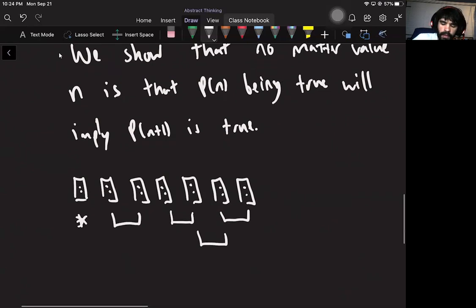The first one falls, and one falling always makes the next one fall, so the second one falls. Then the third one falls. And so they all fall down like a house of cards.